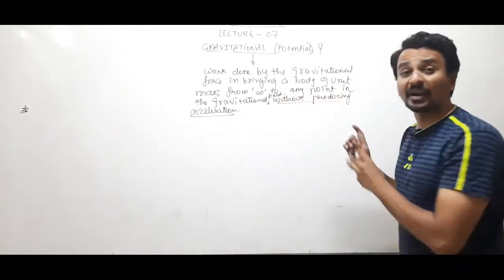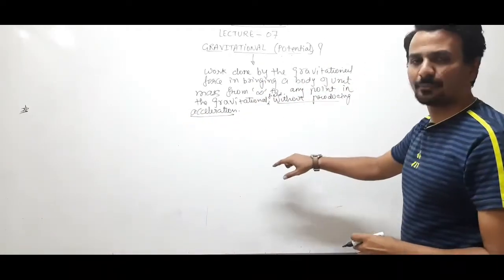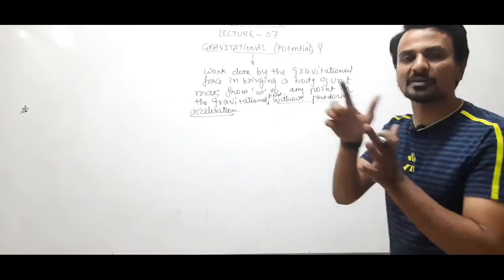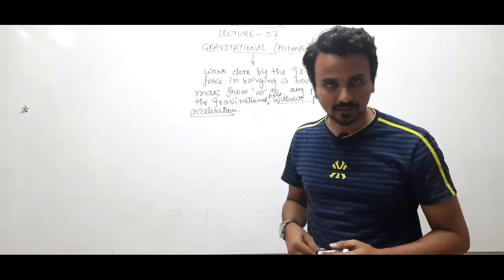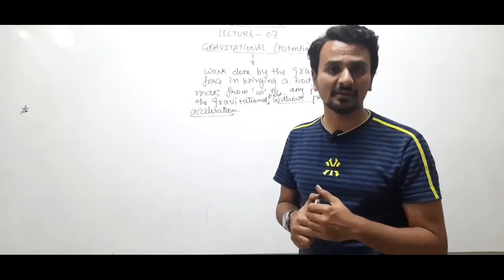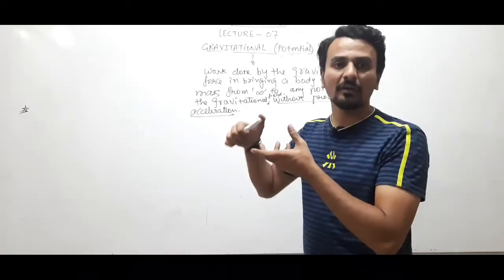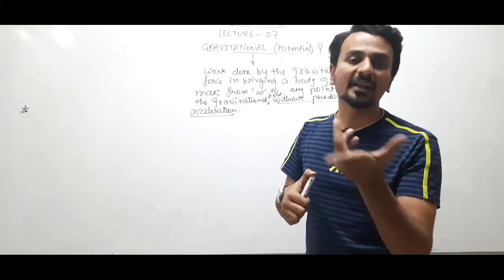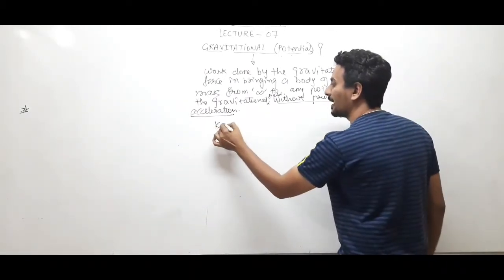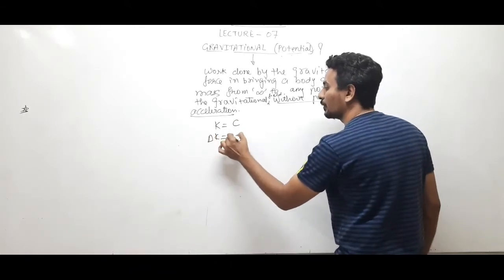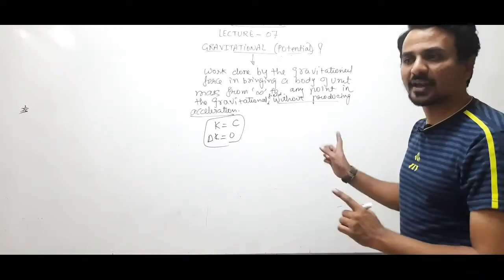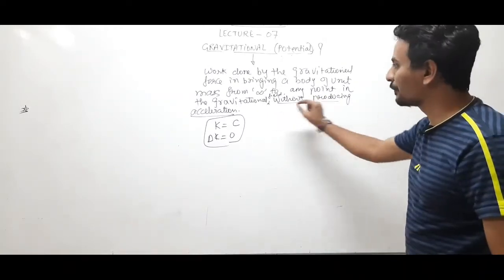The mass which you are bringing from infinity to any point should not have acceleration. Only then will the entire work done be converted into potential. If the mass has some acceleration, then a part of the energy will be converted into kinetic energy. We don't want that. We want the kinetic energy of the mass to be constant, that is, delta K is 0. That means the mass you are bringing from infinity should not have acceleration. The point is very important.